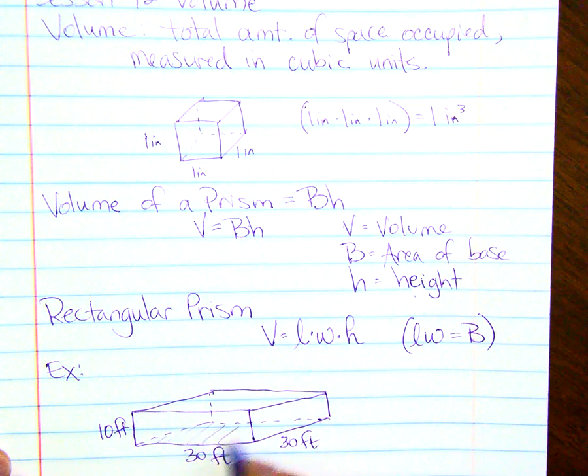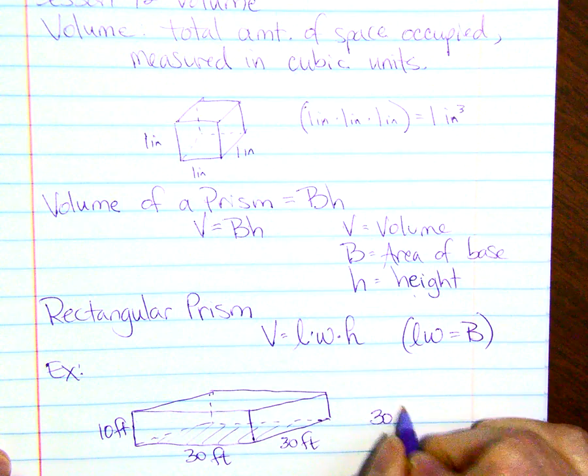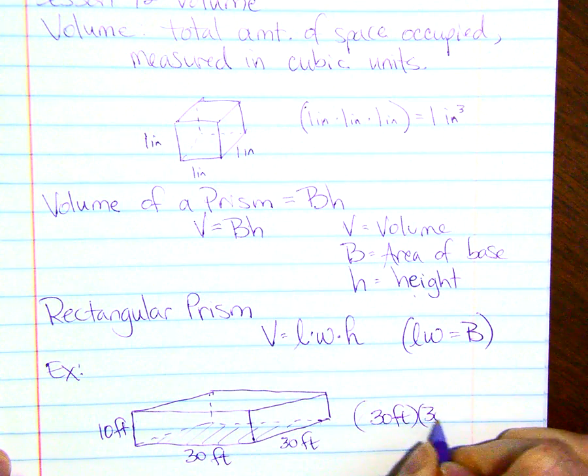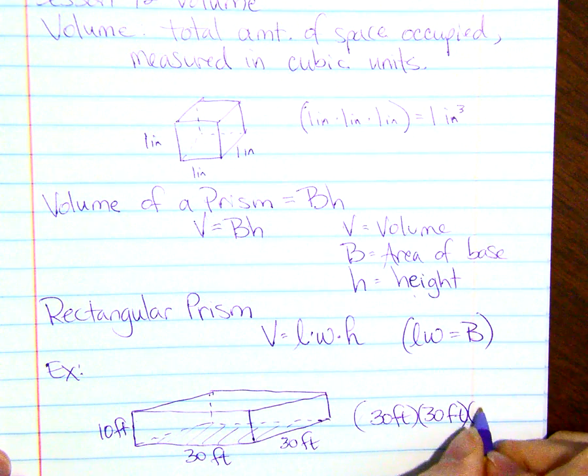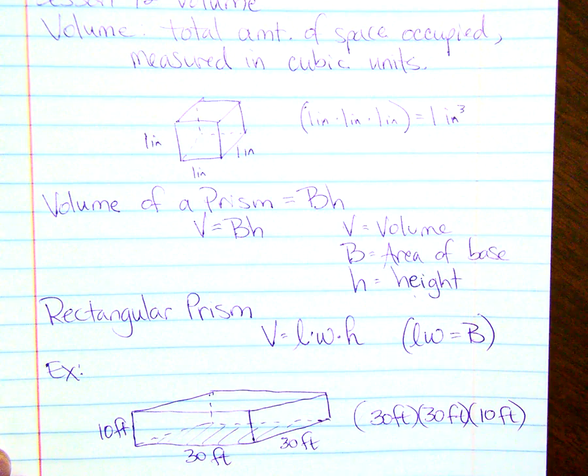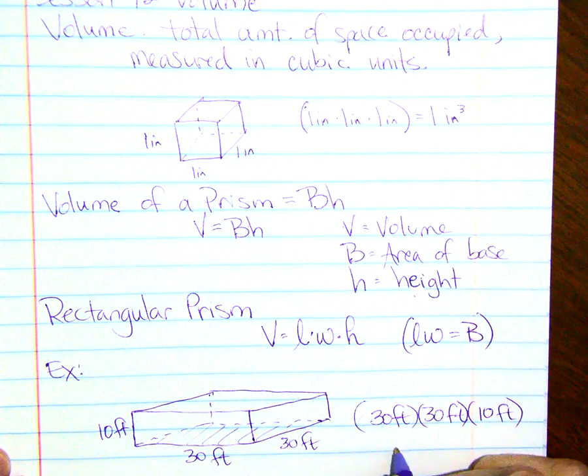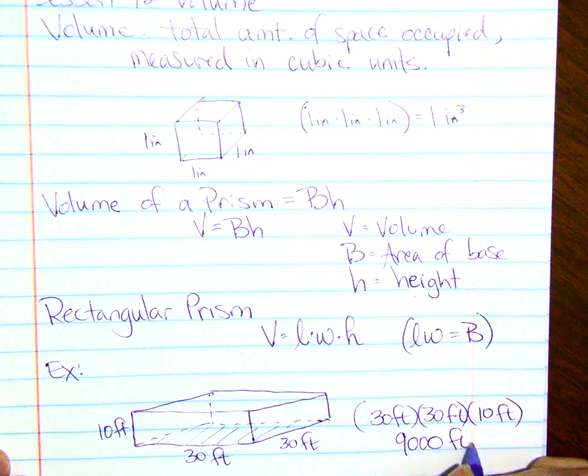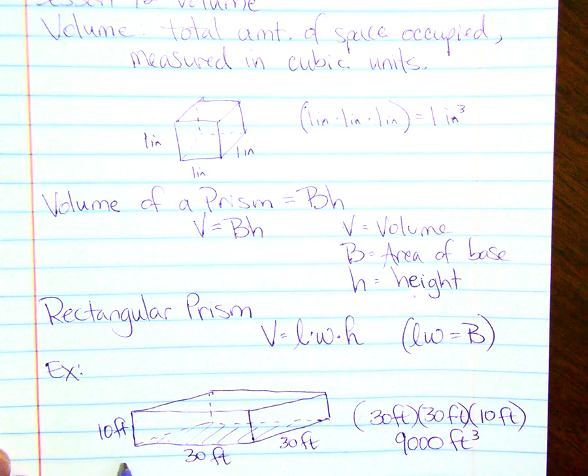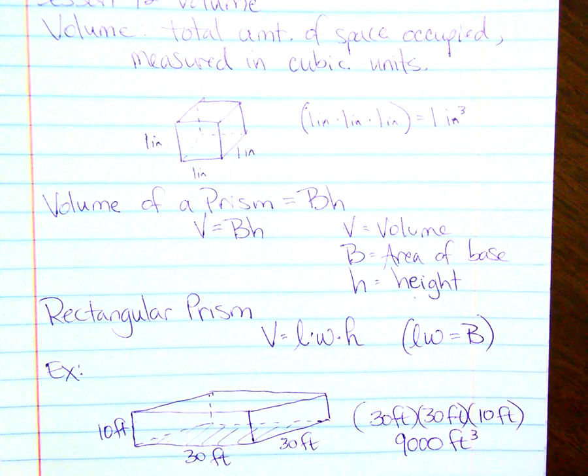This is the base here, 30 by 30. So we have 30 feet times 30 feet times the height, which is 10 feet, and that will give you 9,000 feet cubed, and that will be the volume of this rectangular prism.